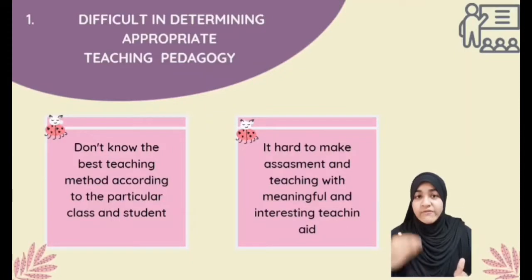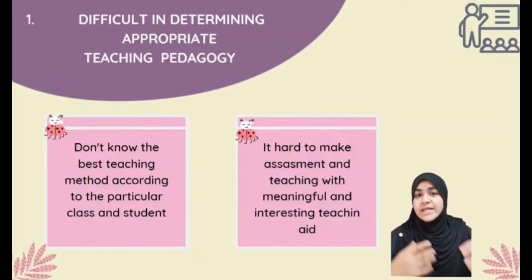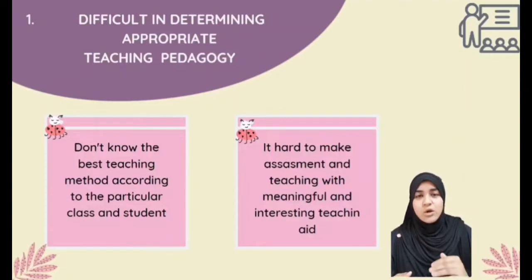When teachers have difficulty determining teaching pedagogy, it is hard to make assessment and teaching meaningful with interesting teaching aids. This will affect the level of acceptance of knowledge. Students have the potential to lack comprehension in teaching and assessment.